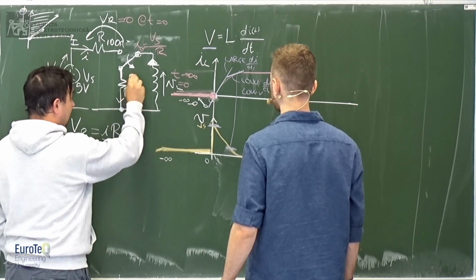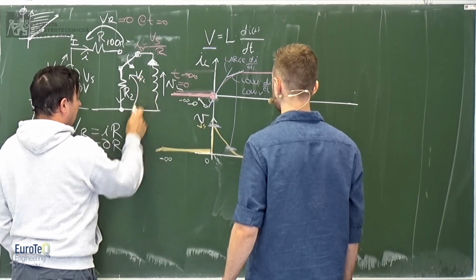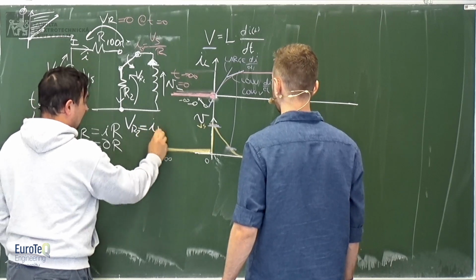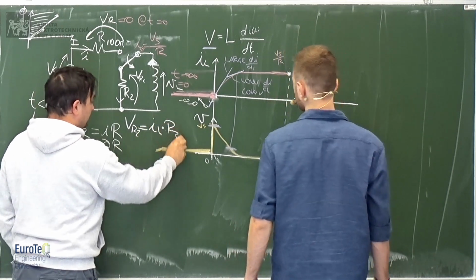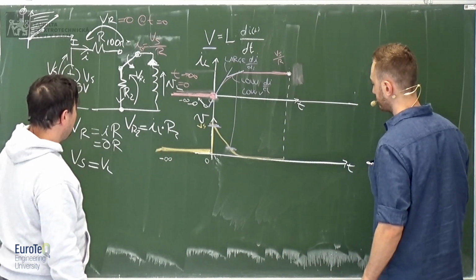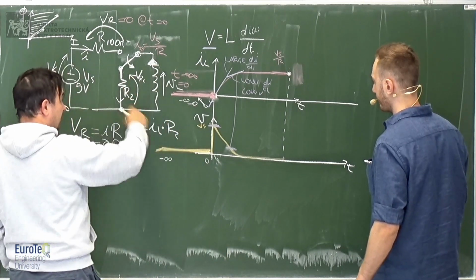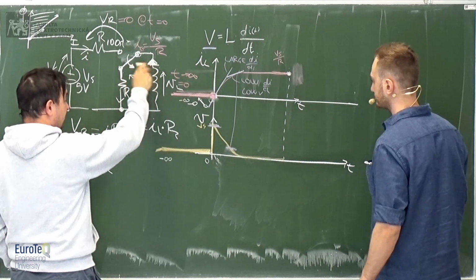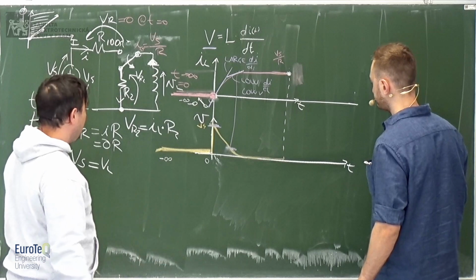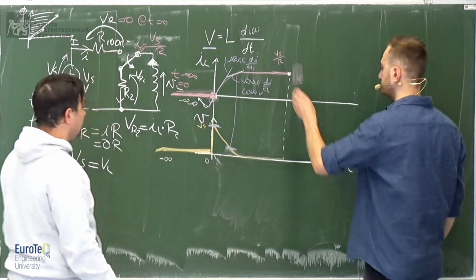So you create a voltage on R2, which will be the inductor current times R2. The current will circulate until it is all dissipated on this resistor, and therefore it will go back to 0. So the current now will go down.